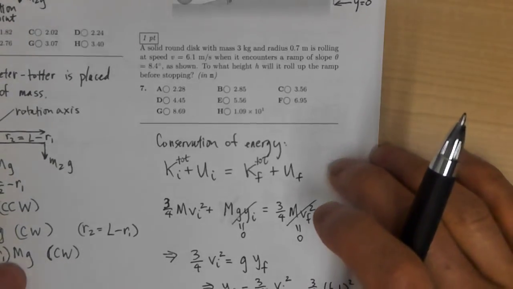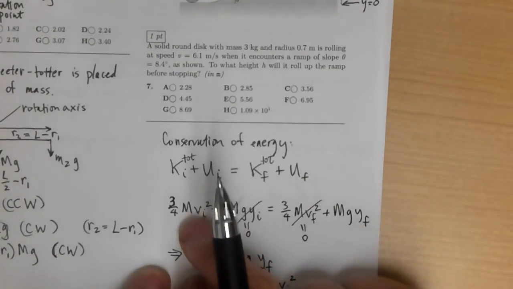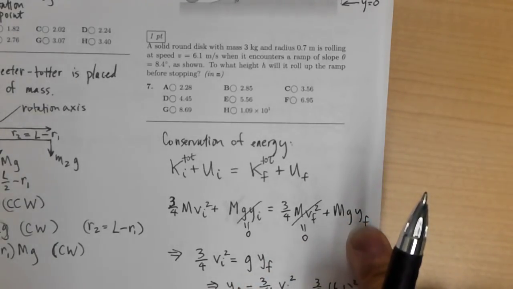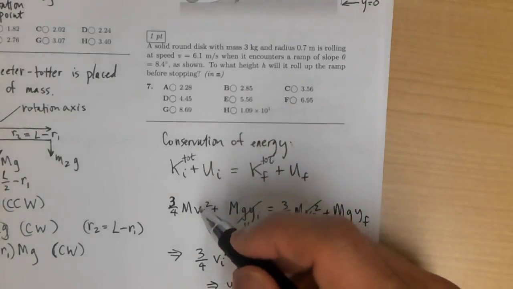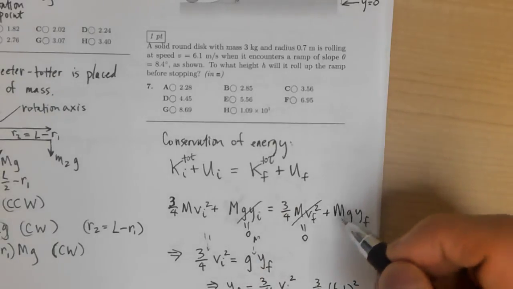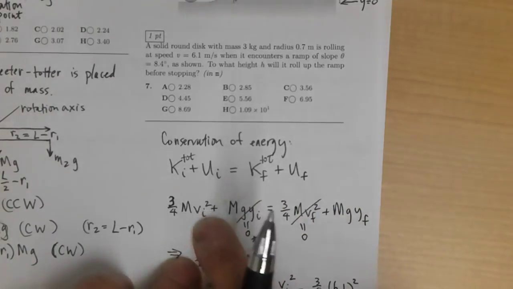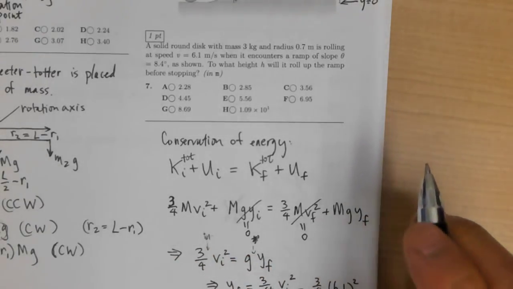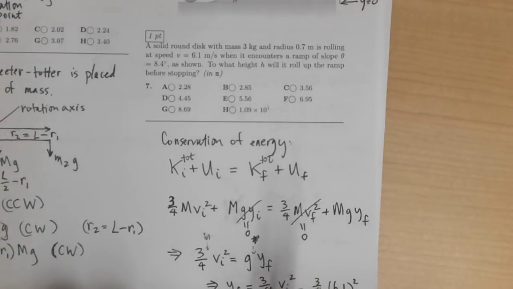So now these are 0, and we have 3/4 m vi squared is equal to m g y final. The m's cancel out, and I've got 3/4 vi squared equals g y final.